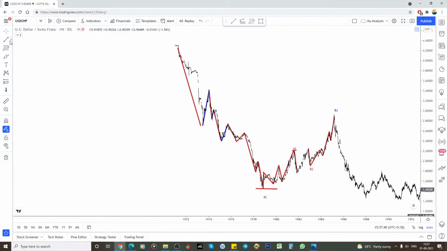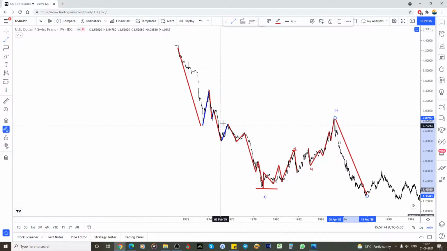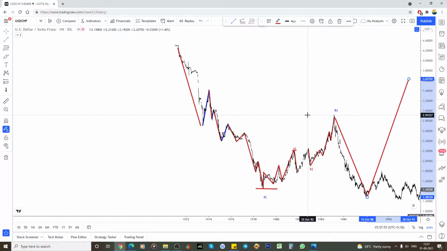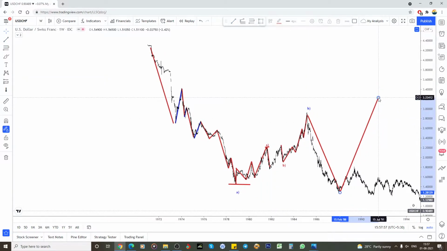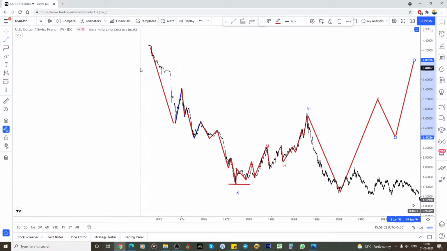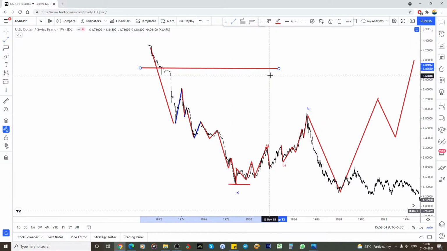So now everybody is looking for, if it is an A, B and C, A, B, C as a B and C is also completed, everybody is looking for that uptrend. Whether this could be another B, C, because if it is a flat correction, it can go above this level also for 80 to 90%.